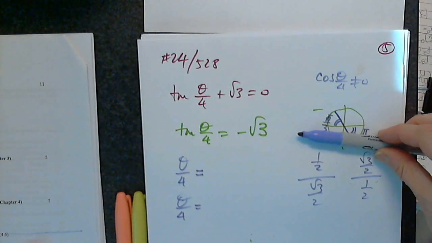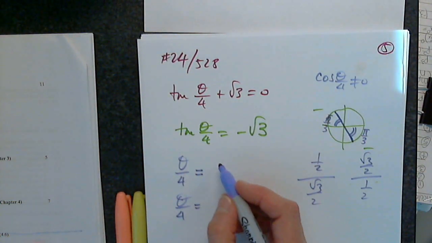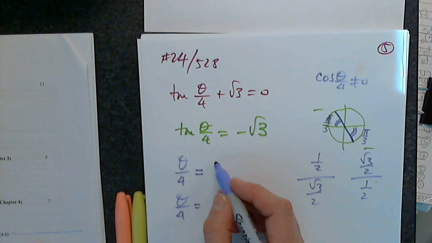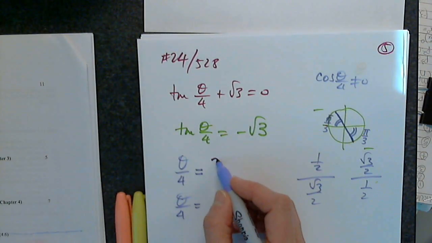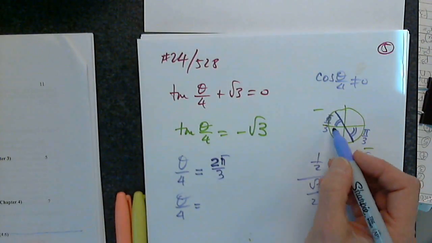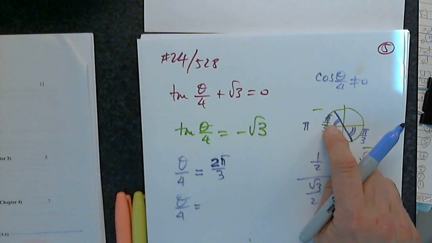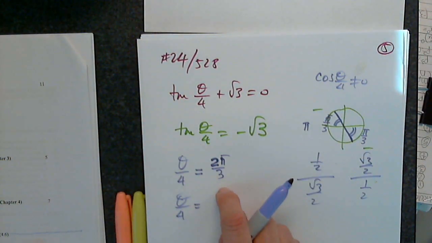Obviously, pi minus pi over 3, which is 1 integer minus 1/3. So from pi, I subtract pi over 3. 3 over 3 minus pi over 3 is 2 over 3, correct?